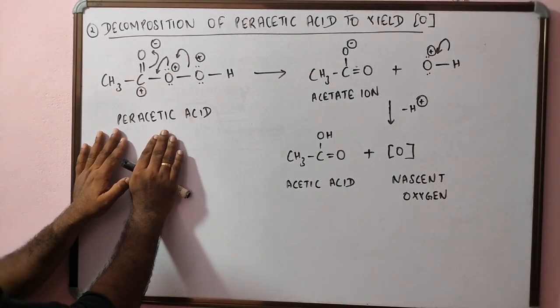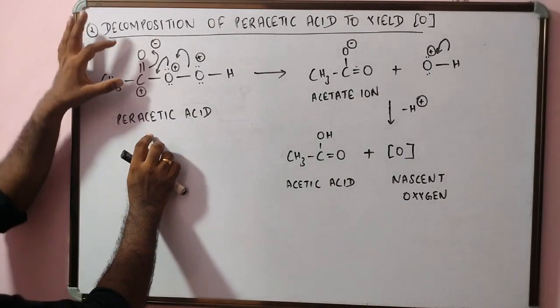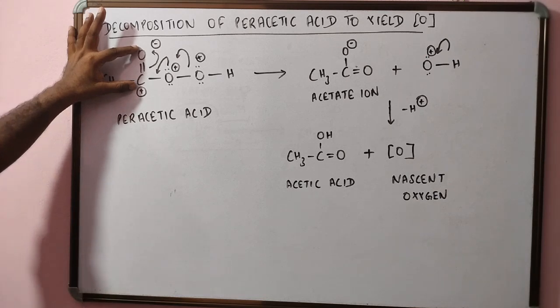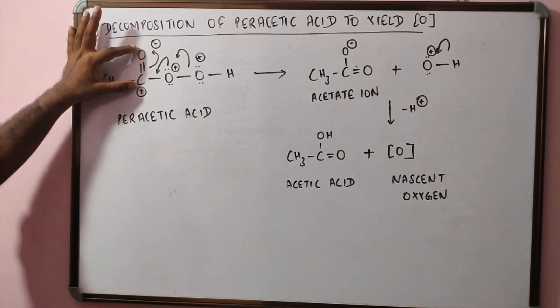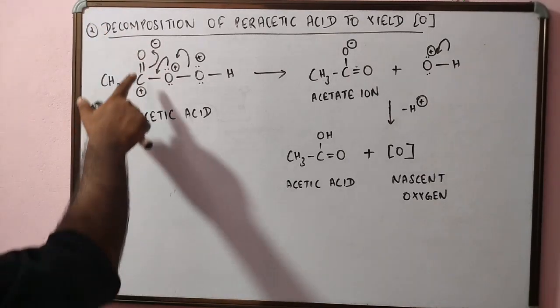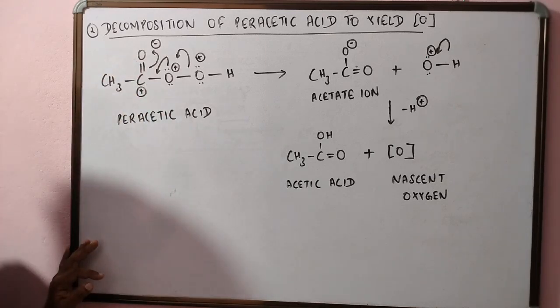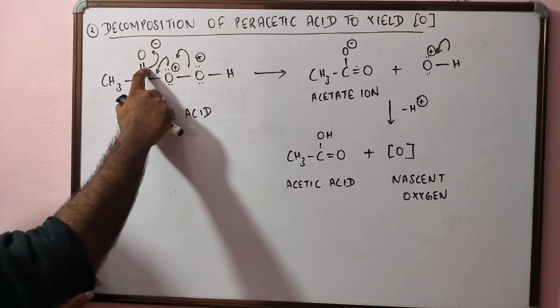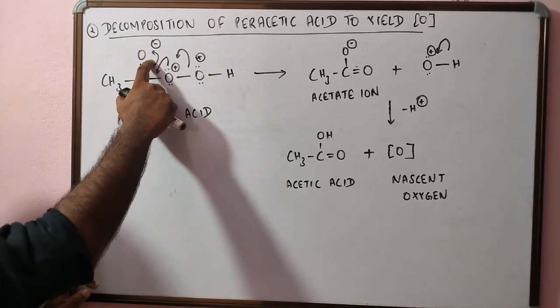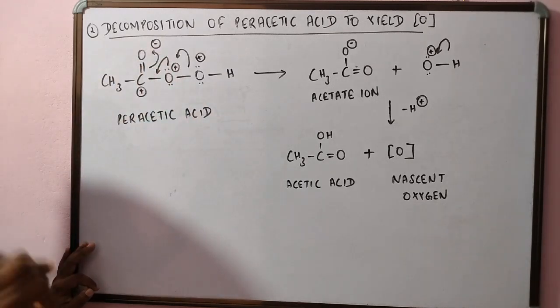Now, as the peracetic acid is formed, how does it decompose itself to produce nascent oxygen? The peracetic acid contains the carbonyl group. The carbon double bond O is a highly polar bond. This is because of the difference in electronegativity of the two atoms. The oxygen is highly electronegative, therefore it withdraws the electron pair that it shares with the carbon, thus becoming negative in charge.